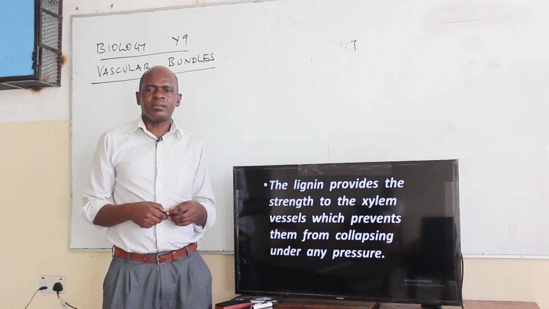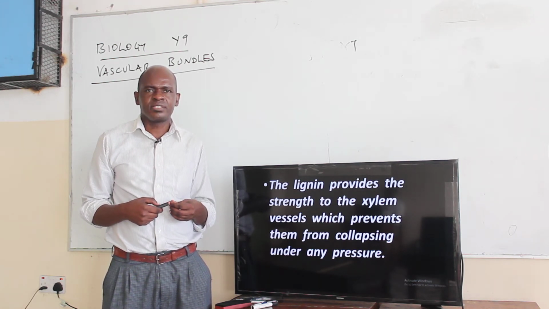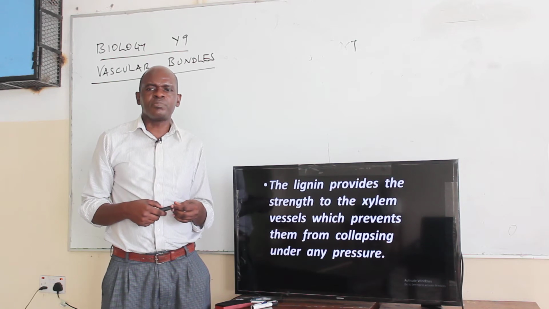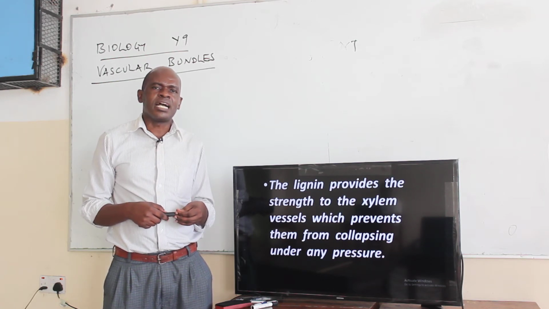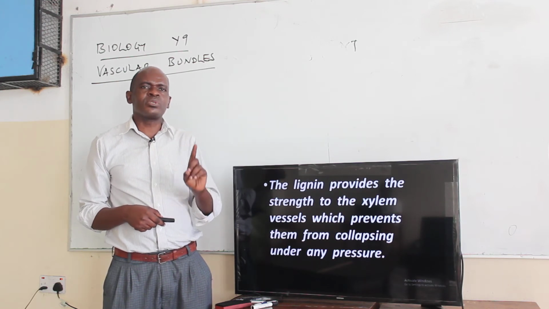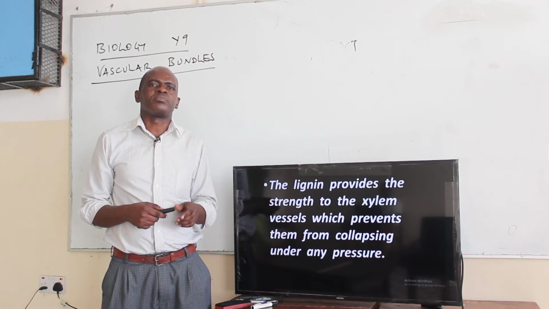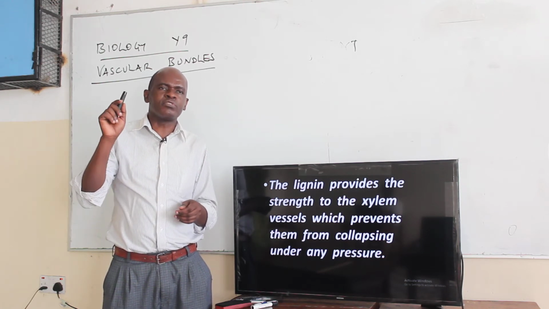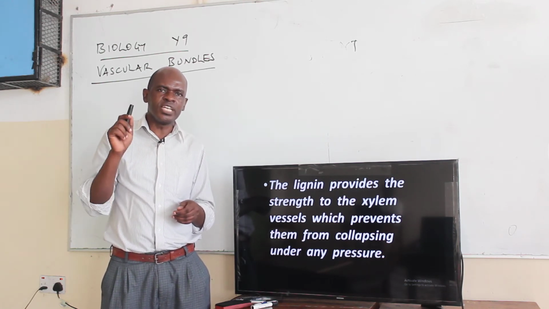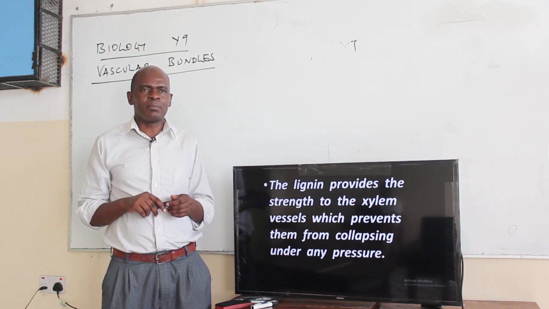Now, the lignin on the walls of the xylem provides strength, and therefore this prevents them from collapsing under any pressure. Remember that these xylem vessels are inside the stem and the tree, and we have a lot of flowers, a lot of leaves, and so many fruits on the plant.